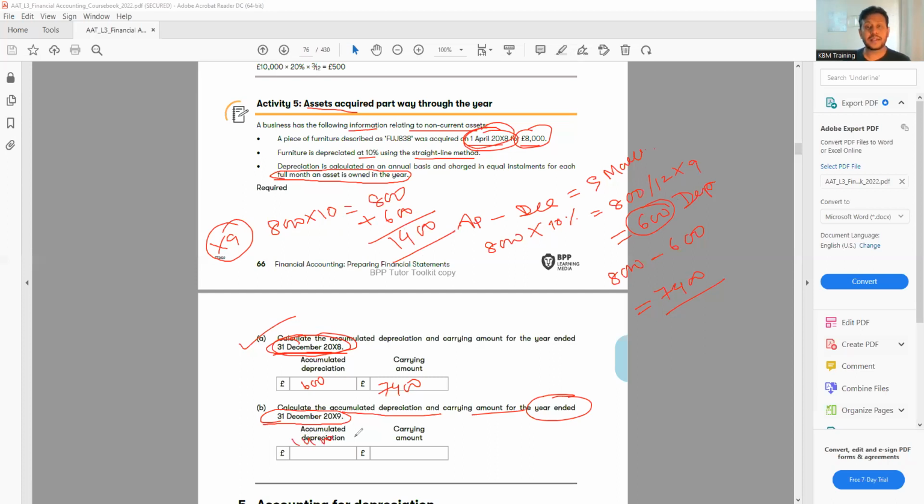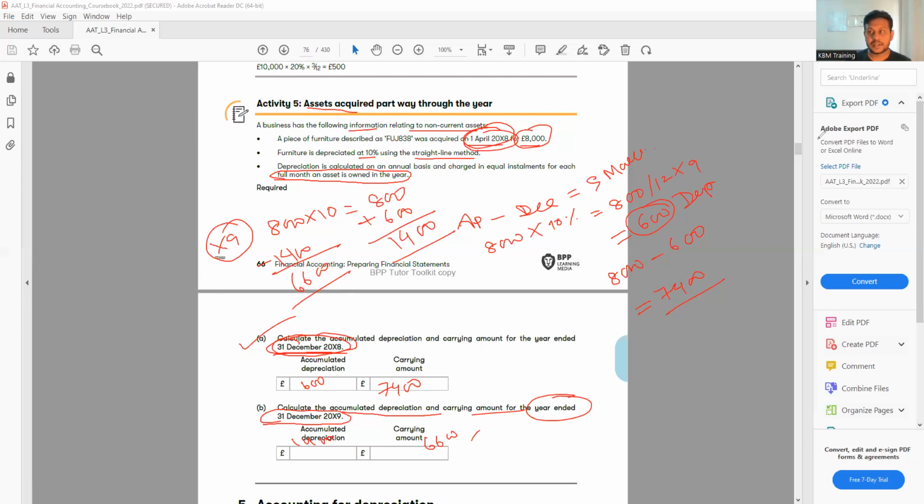For the carrying amount, 8,000 minus 1,400 gives 6,600. We need to make sure accumulated depreciation means last year's depreciation is added to this year's depreciation. Be very careful with that.